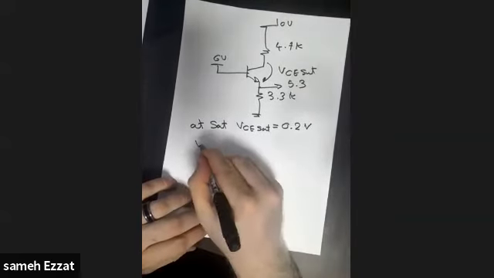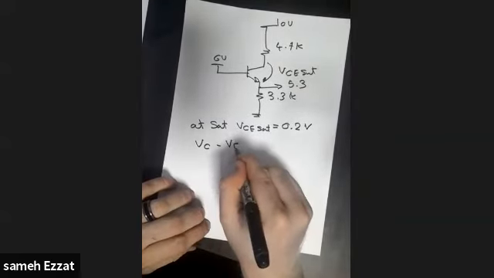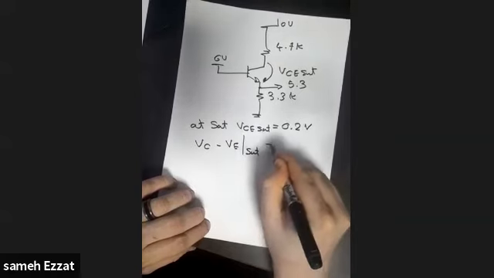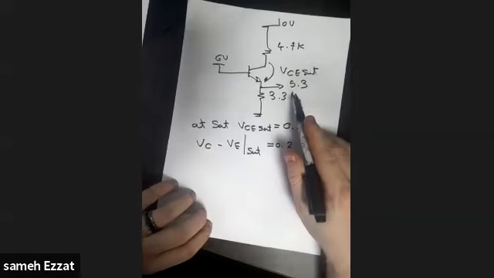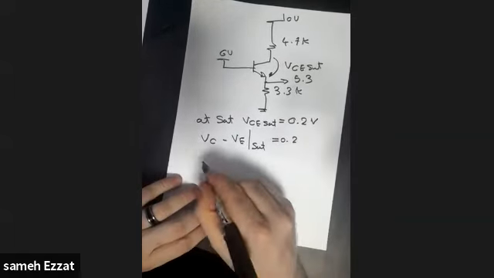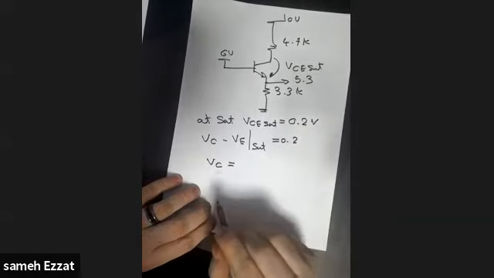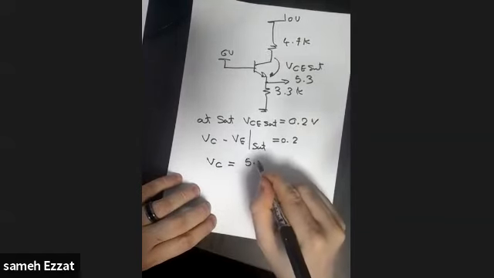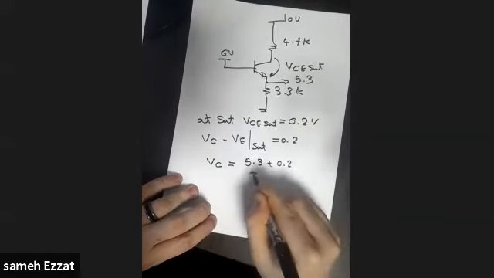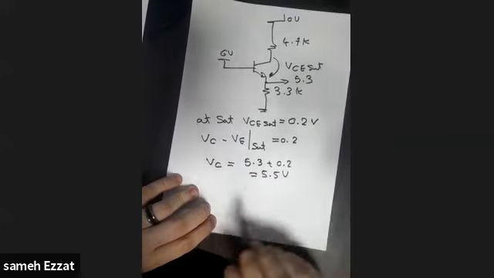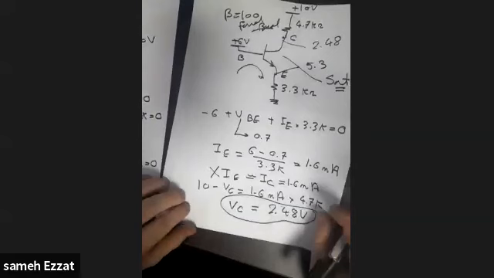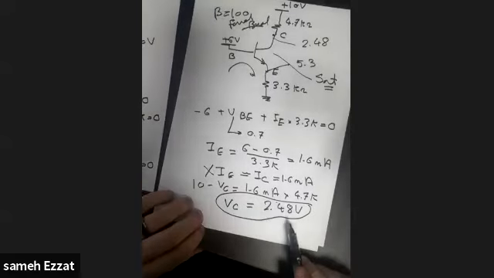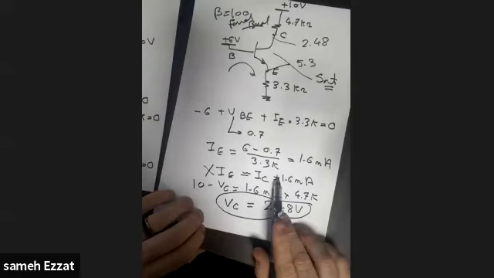I mean, VC minus VE at saturation equals 0.2. You are quite sure that VE is equal to 5.3. Then VC is equal to 5.3 plus 0.2, which is 5.5 volts, which is totally different from the one you calculated here, because that was wrong, because you made IC equal to IE, which is not the case when it's saturation.